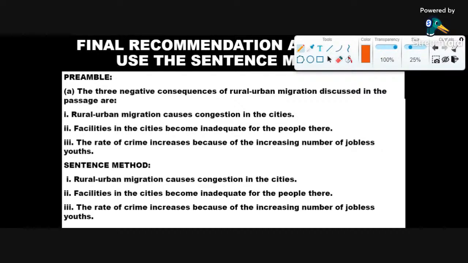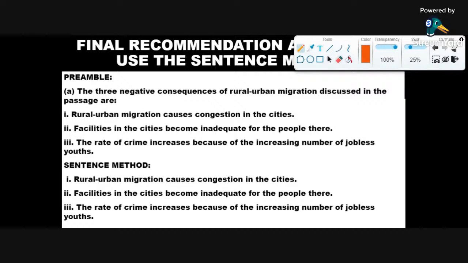Having examined what a preamble means and the correct and the wrong ways to use a preamble in presenting answers to summary questions, I strongly recommend that a candidate who is confused about what is correct or what is wrong in the use of a preamble should not use a preamble at all. If you don't understand the correct way to use a preamble, don't use it at all.